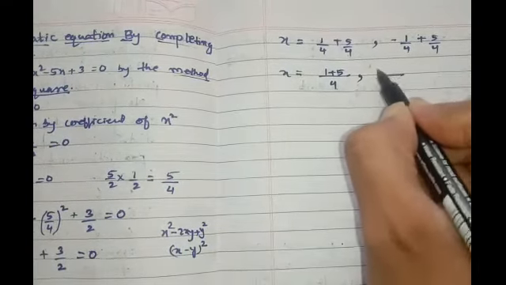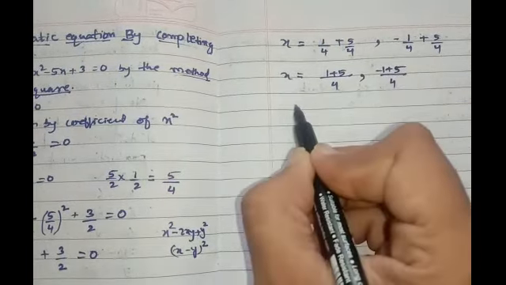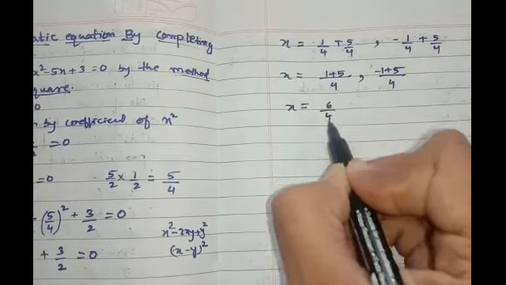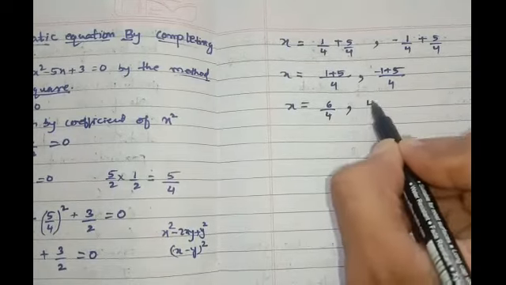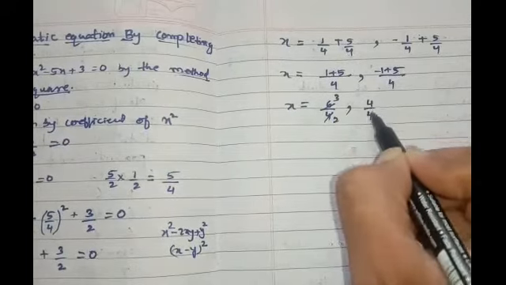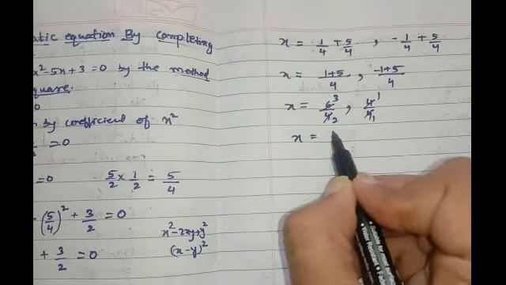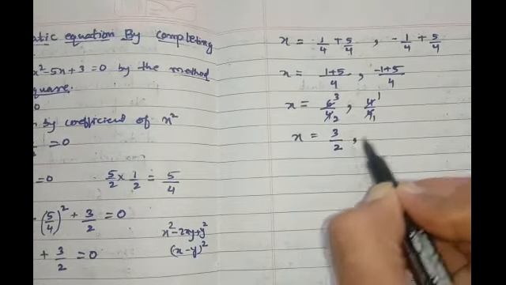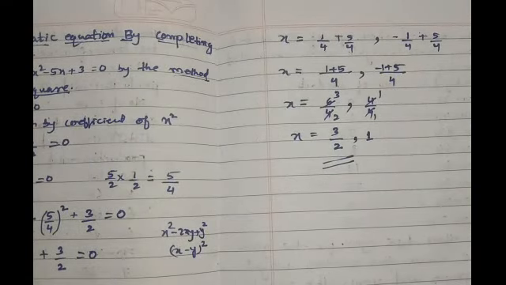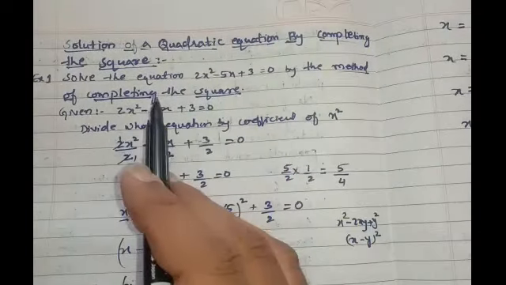Again here 4 is the LCM, remaining will be minus 1 plus 5. x is equal to 5 plus 1 is 6 by 4, comma 5 minus 1 is 4, 4 divided by 4 is 1. x is equal to 3 by 2, comma 1. These are the two roots we found by the method of completing the square.